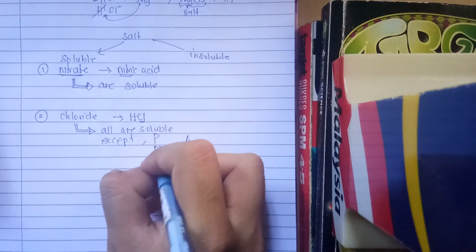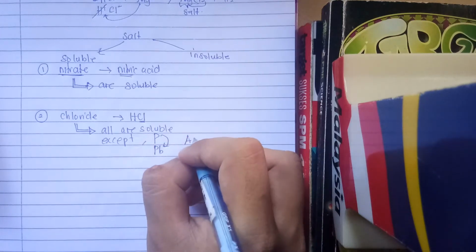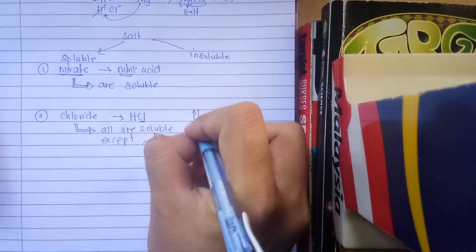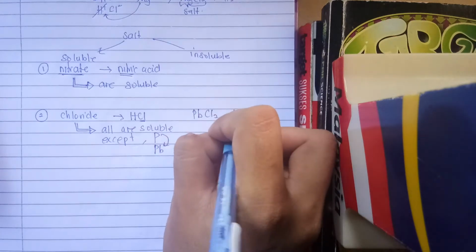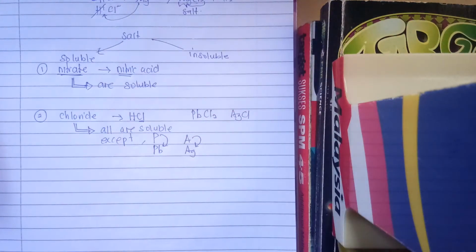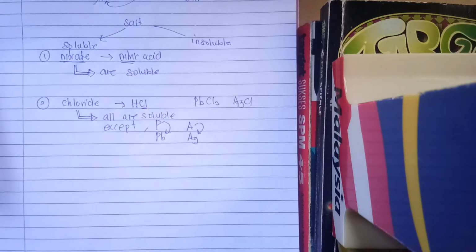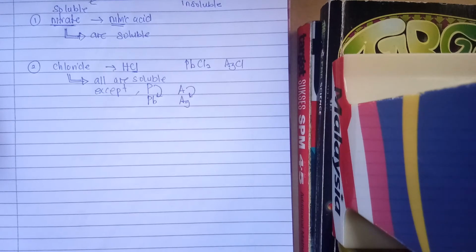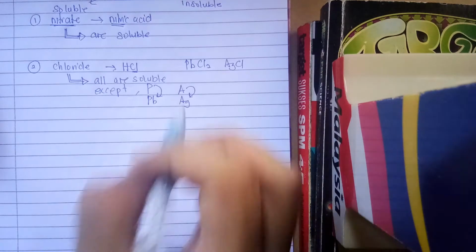P means Pb, and A here means argentum. So if you have lead chloride and argentum chloride, they are insoluble. If you put them in water, they cannot dissolve. So you call them insoluble salt. Other chlorides are soluble, for example copper chloride, magnesium chloride, potassium chloride, iron chloride, zinc chloride. All those are soluble except PA, personal assistant, Pb and Ag.